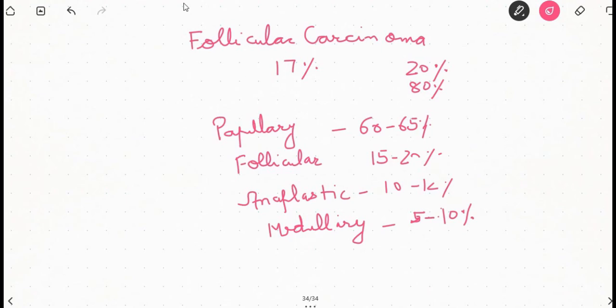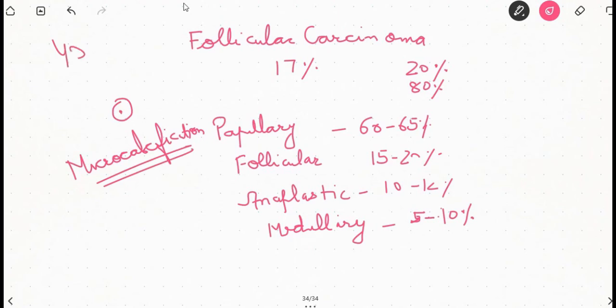Follicular carcinoma can present as a solitary nodule. The diagnosis is considered after an ultrasound scan that reveals signs of malignancy, that is microcalcification. So peak age for follicular carcinoma is 40 years.